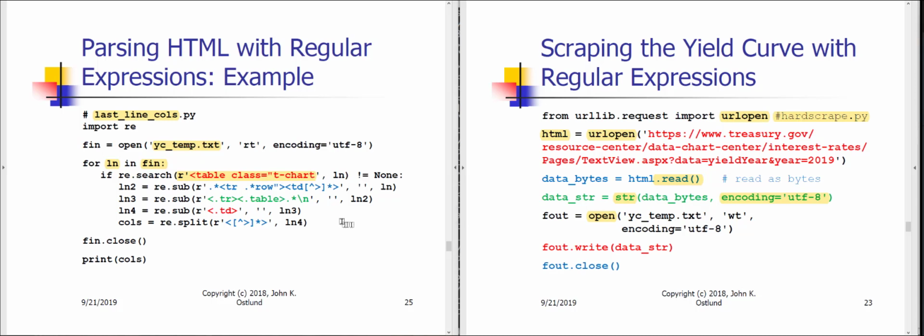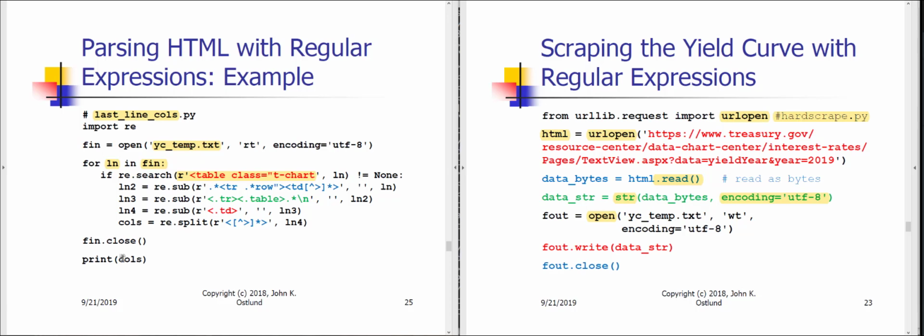And then, having found that line, I'm going to throw away stuff at the beginning of the line. I'm going to throw away stuff from the end of the line. I'm going to get rid of stuff between the data columns. And then finally, I'm going to split those data columns into a list.